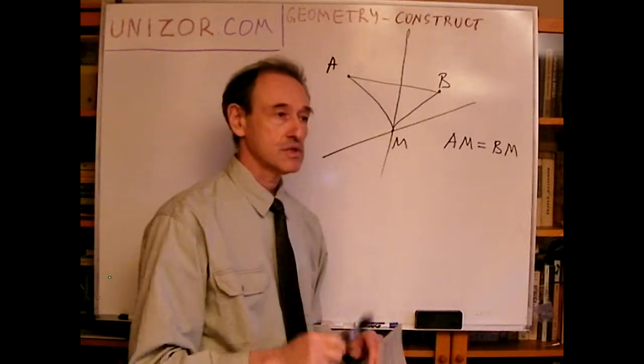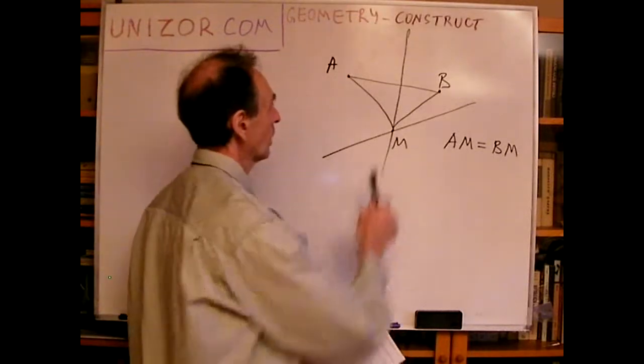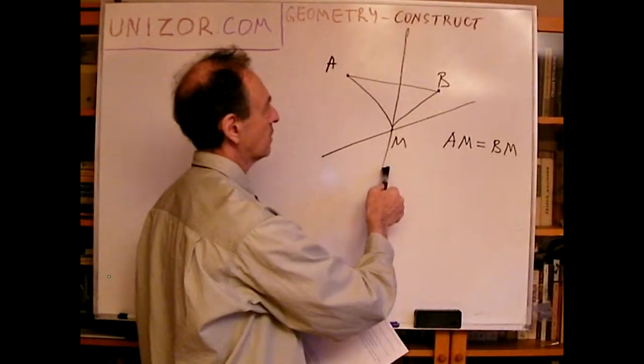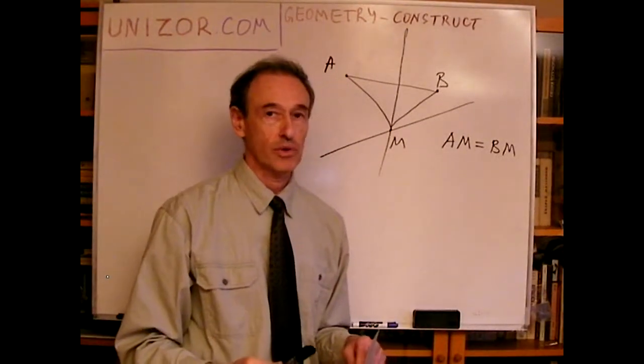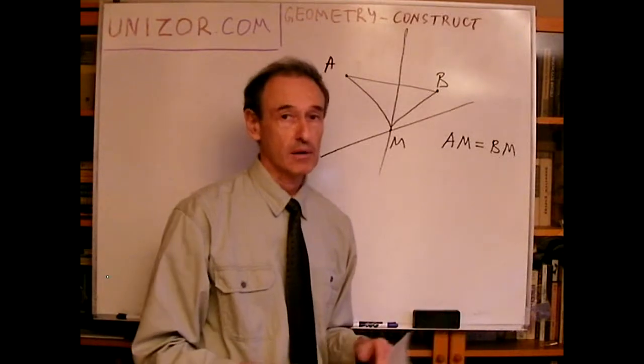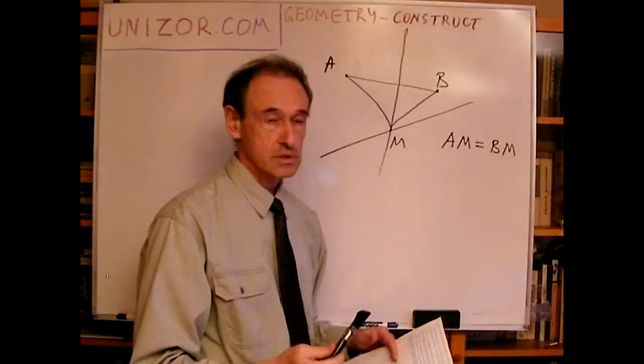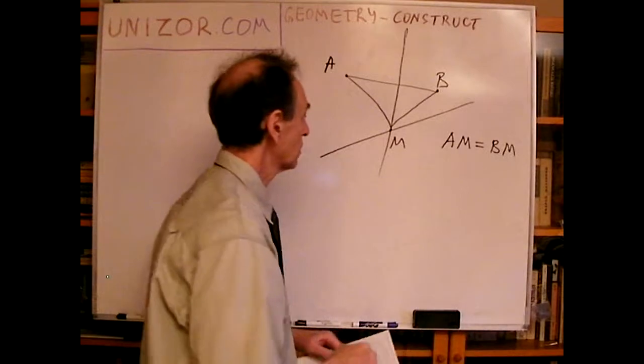However, let's just consider what if this perpendicular bisector and this line do not have any crossing points, which means they are parallel. So this is also a case which we have to really think about.